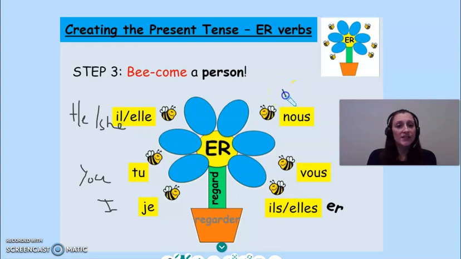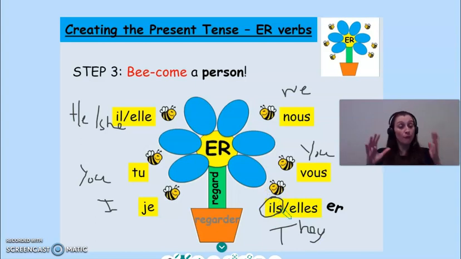Nous, which is we. Vous, which is you, formal or plural. And then ils or elles, which is they. Now remember, we use ils if it's a group of boys or if it's a group of boys and girls, and we use elles only if it's a group of girls.